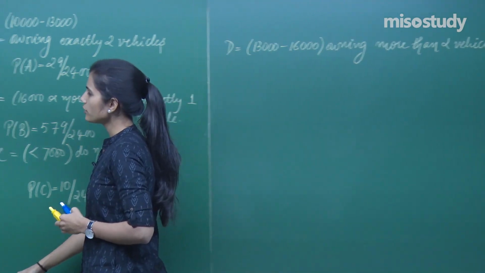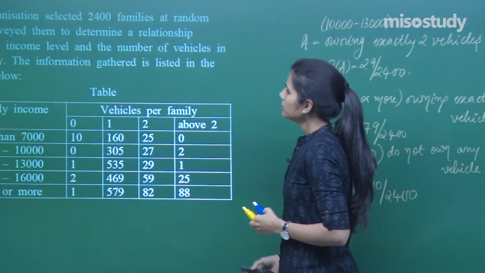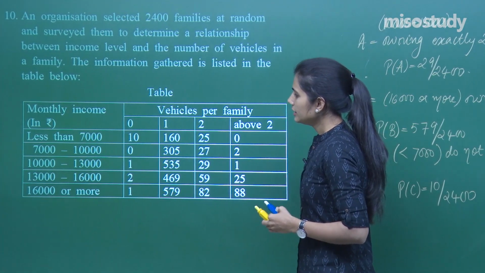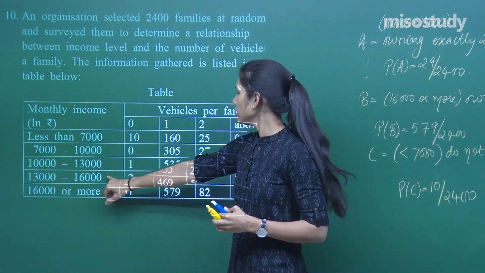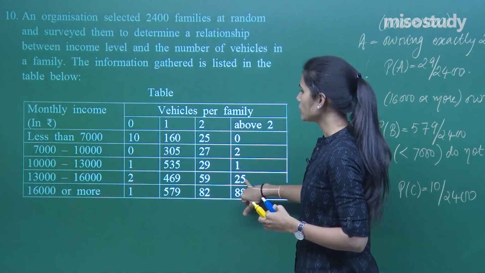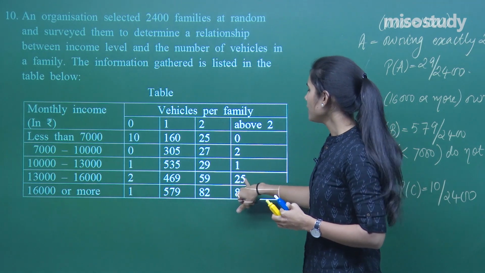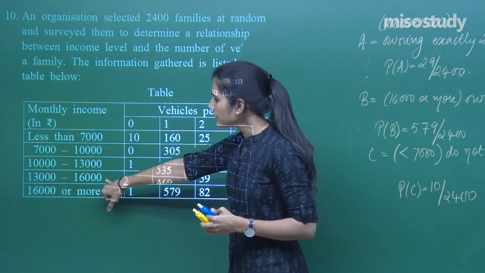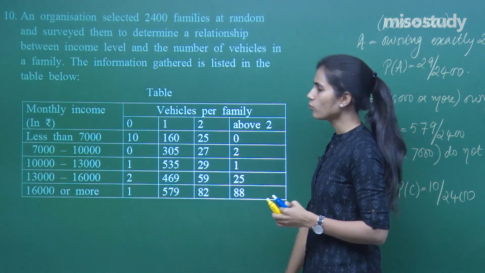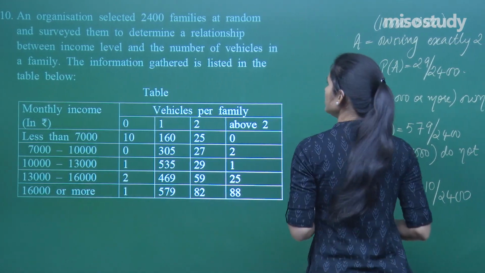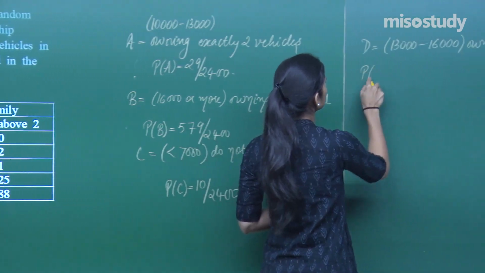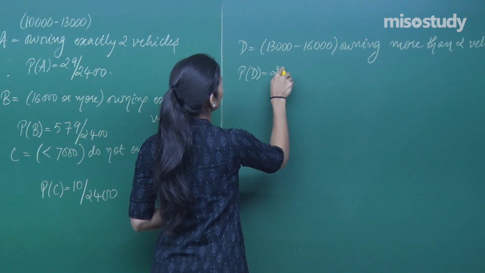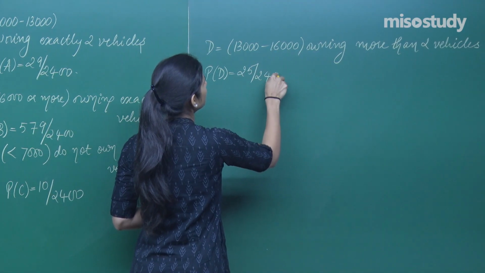Let's look at the situation in the data. Earning is between 13,000 to 16,000, owning more than 2 vehicles are 25 families. 25 families are there out of 2,400 families whose earning is between 13,000 to 16,000 per month and they are owning above 2 vehicles. So, 25 upon 2,400 is the required probability.